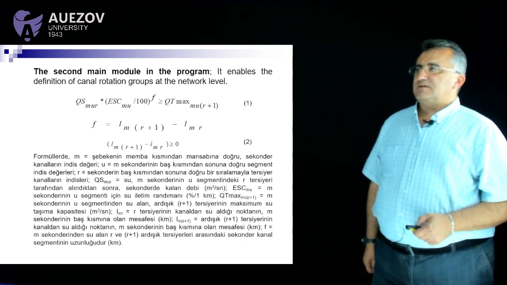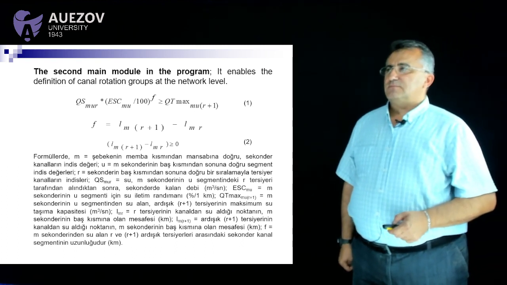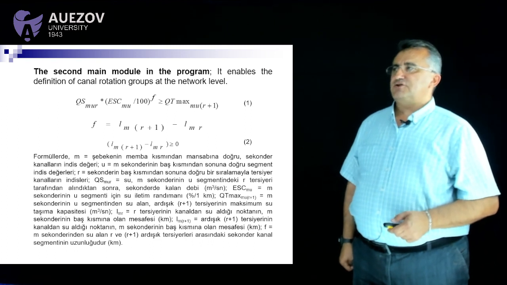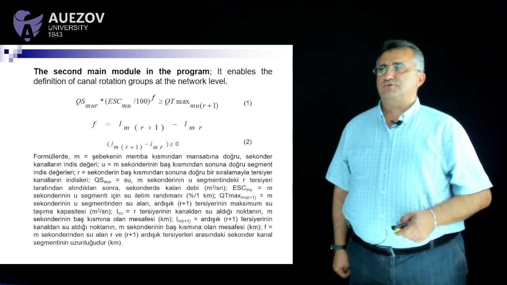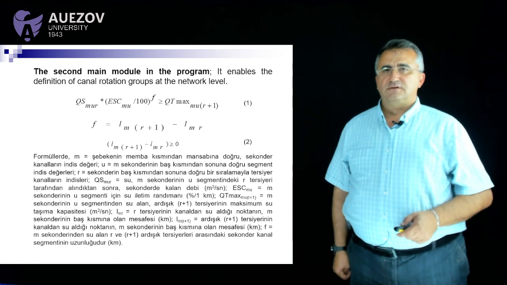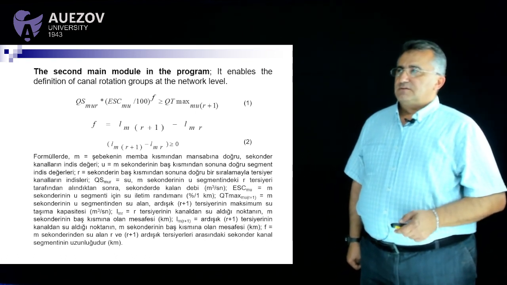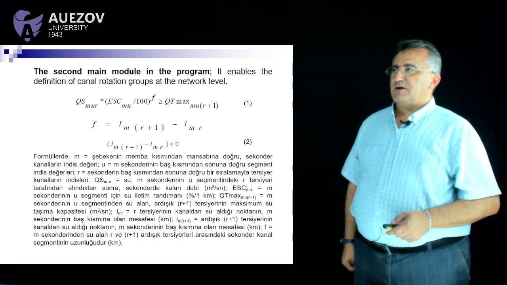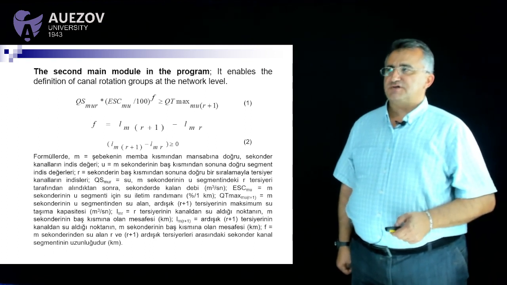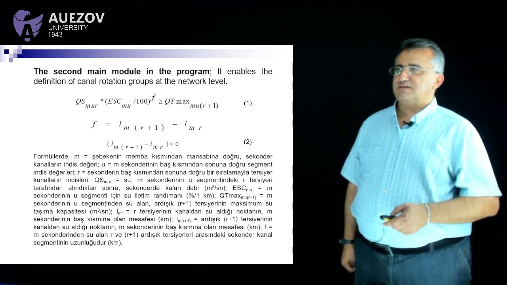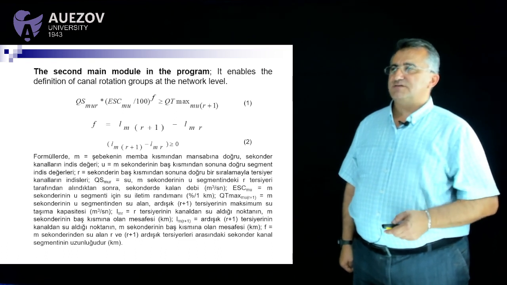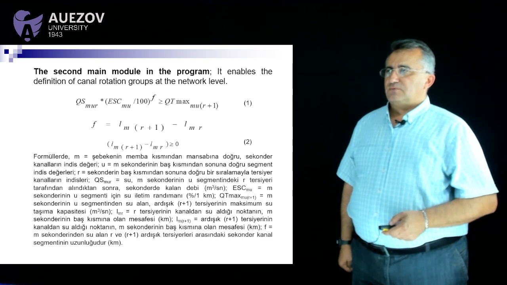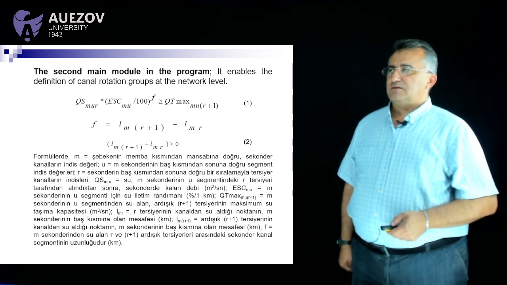The second main module in the program enables the definition of canal rotation groups at the network level. This solution is used to carry out this process. Here we can see the equations which are run by the program.